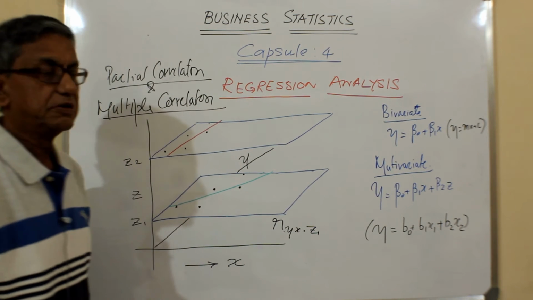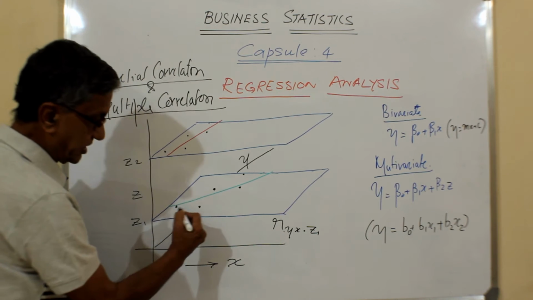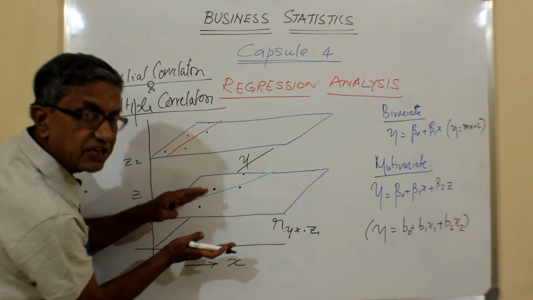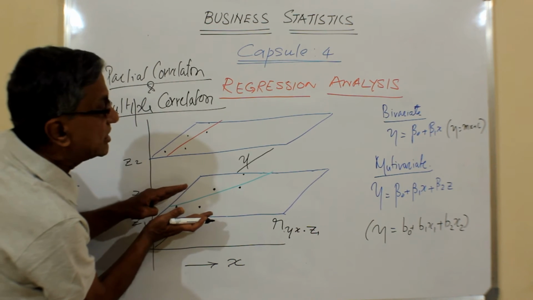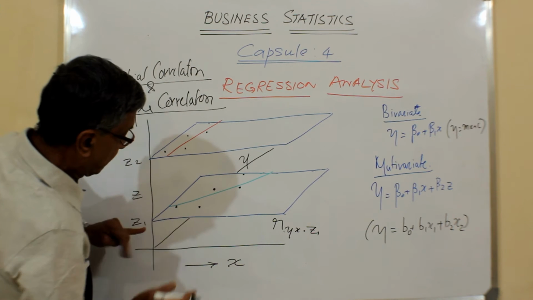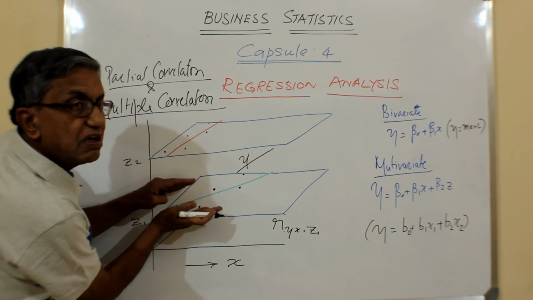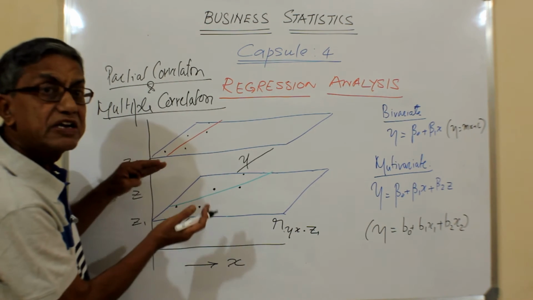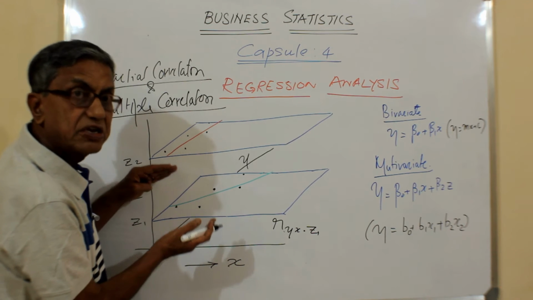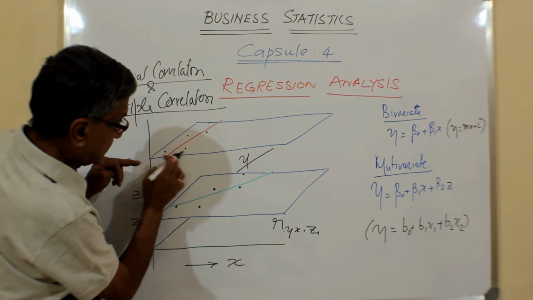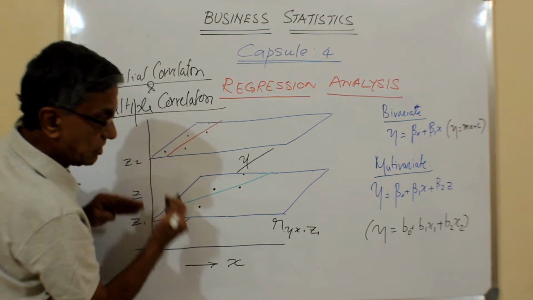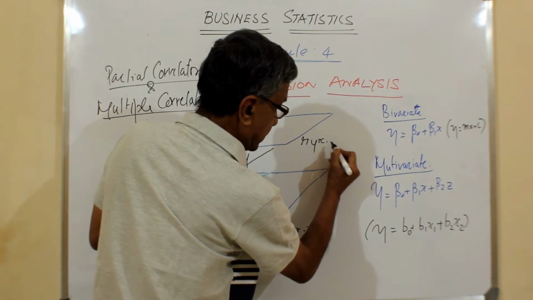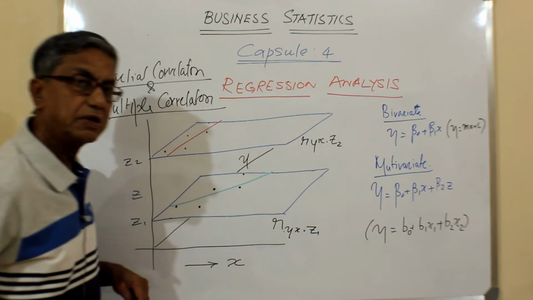In this case you can see that the data in which the green line is somewhat flatter means that this is the behavior of the data when z is held at a particular level. As the z variable varies, you will get a different partial correlation coefficient, and you see that it is much steeper. So at this level the partial correlation coefficient will be represented as z2. This is how you represent it.